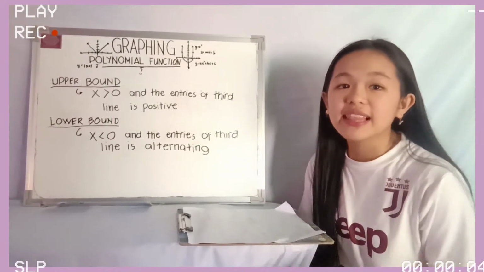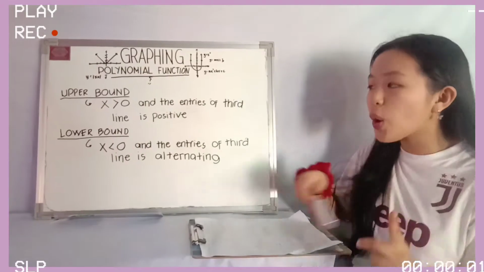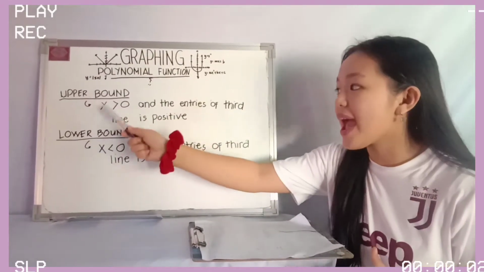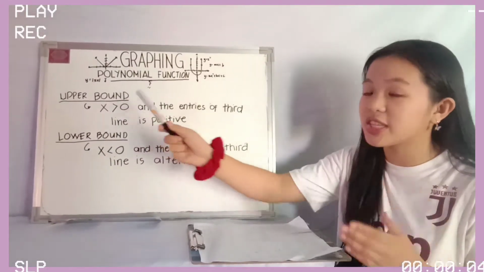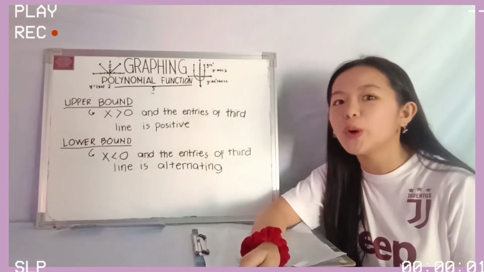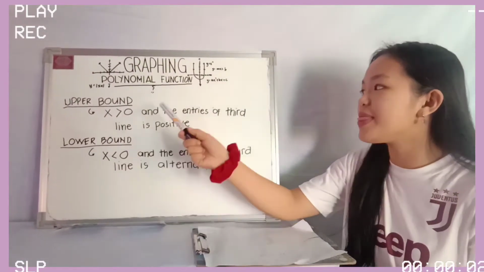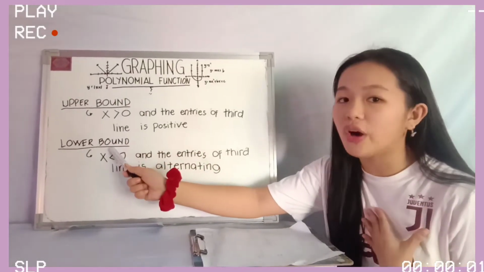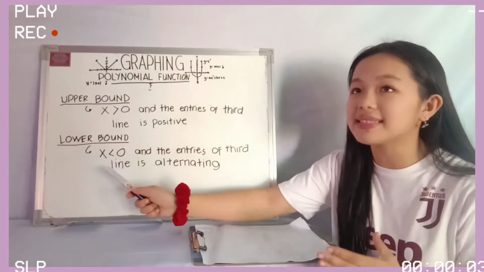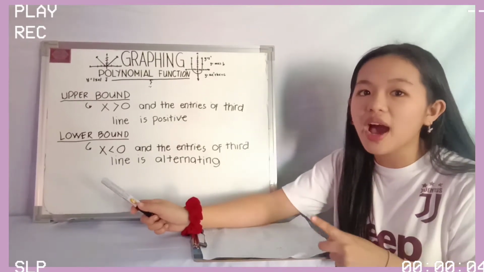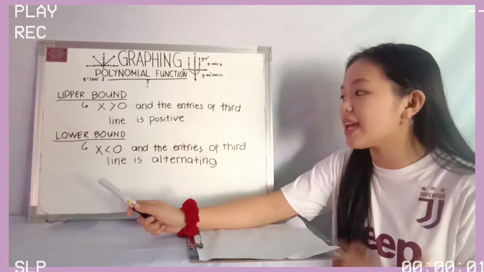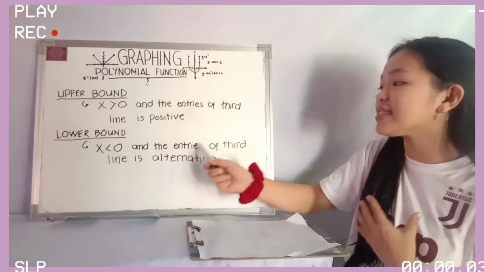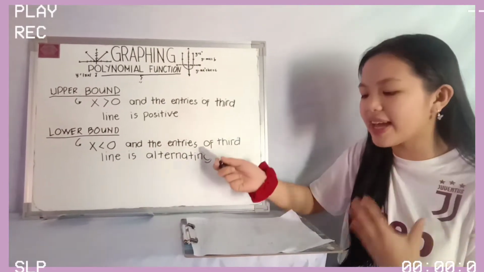But before that, let's be mindful of the rules. The upper bound should be x greater than 0, such as positive 1, positive 2, positive 3, and so on, and the entries of the third line are positive. While in the lower bound, it should be x less than 0, so negative 1, negative 2, negative 3, and so on, and the entries of the third line are alternating.